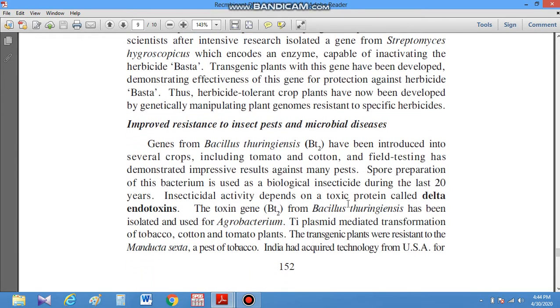Besides this, from another bacterium, Bacillus thuringiensis, the Bt2 gene is isolated, which produces a toxic protein called delta endotoxin protein.